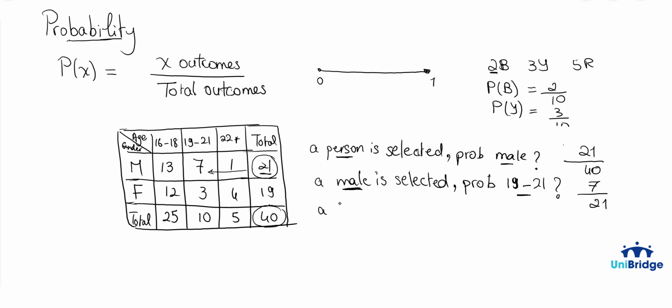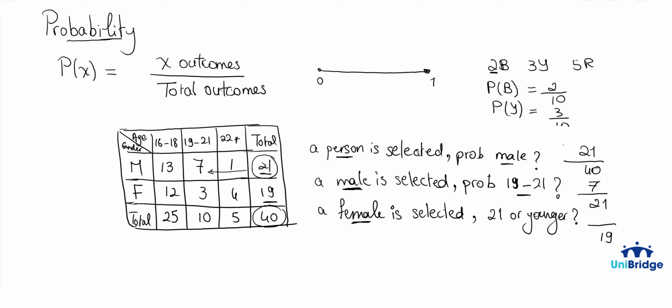In the same sense, if a female is selected at random, what is the probability that she is 21 or younger? This is where, again, there's another trick. First of all, you're selecting from the females, so you're only selecting from the 19 females that you have here.